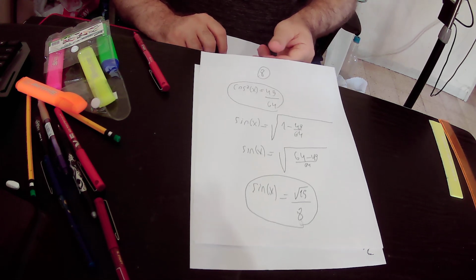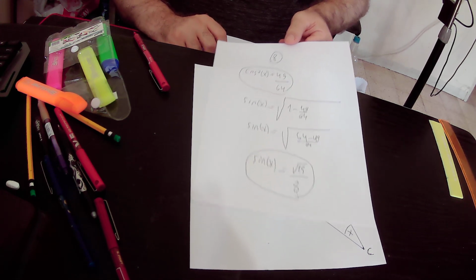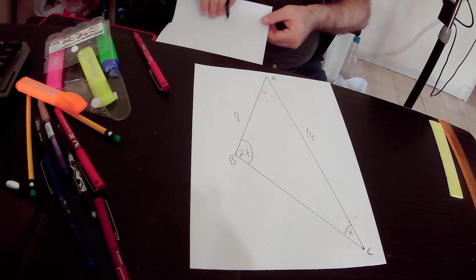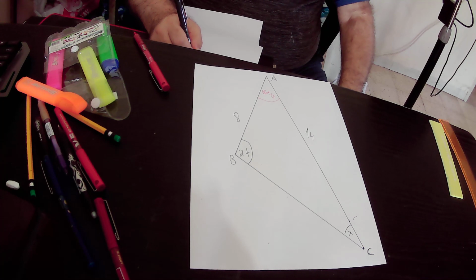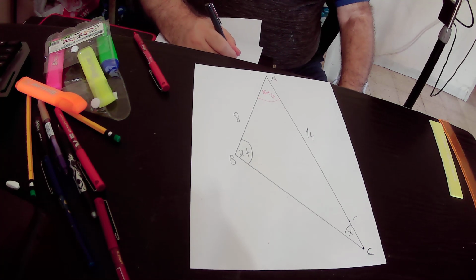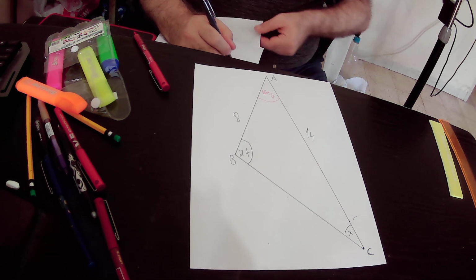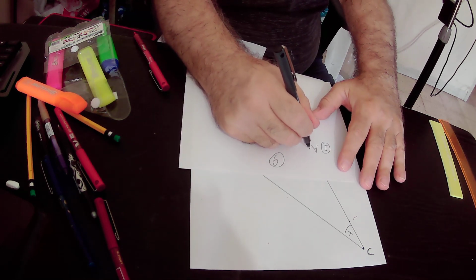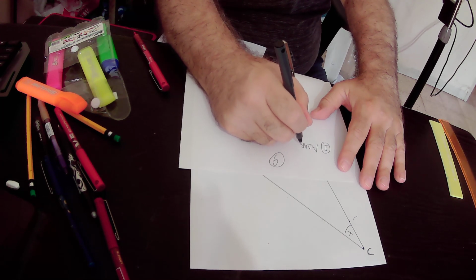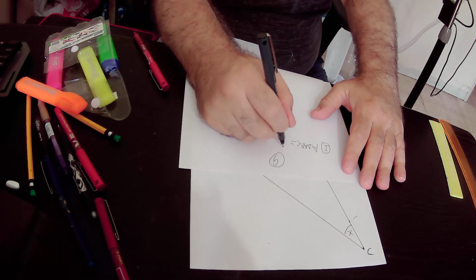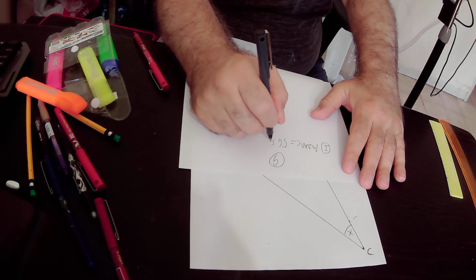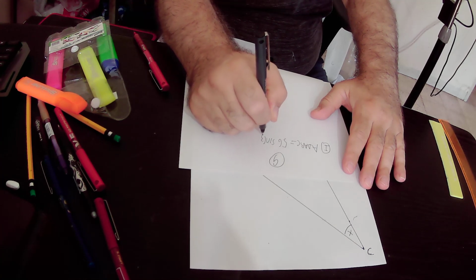Okay, now we will return to equation number 1, that is the area of triangle ABC. According to equation number 1, the area of triangle ABC equals to 56 times sine 3x.